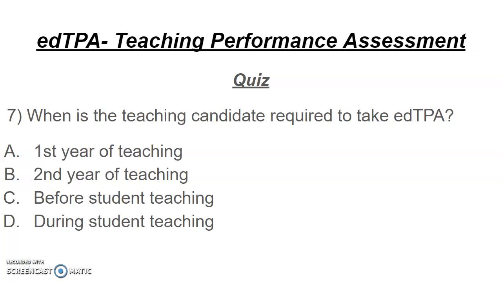Number 7. When is the teaching candidate required to take EdTPA? Choices are A, first year of teaching, B, second year of teaching, C, before student teaching, or D, during student teaching. Answer is D, during student teaching. The candidate will do EdTPA.